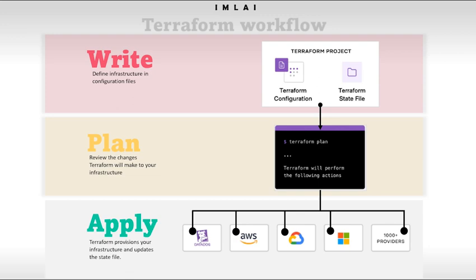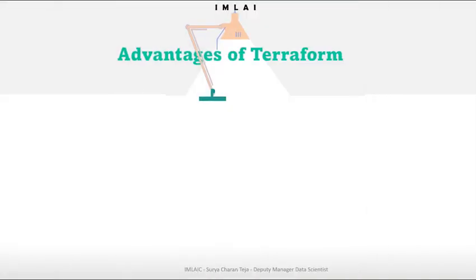As we have seen the Terraform workflow, now let's look into the advantages of Terraform. One of the biggest advantages is that it can manage any infrastructure. If you want to find providers for the many platforms and services you already use, you can go to the Terraform registry and check there.